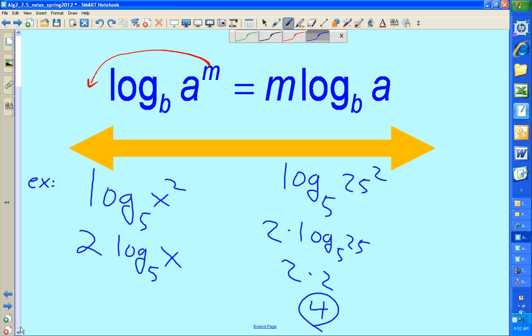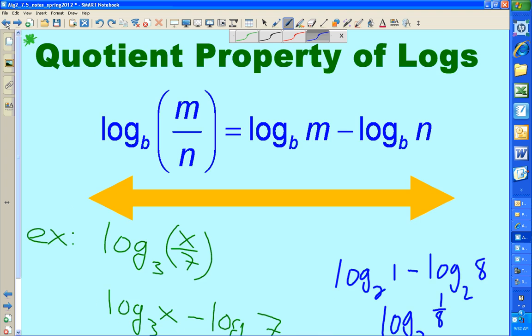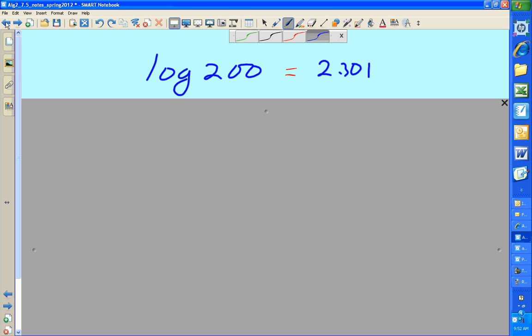Got to keep these things in order. Let me go back here for a second. If you could pull out your calculator, we can look at this properly. If you can do log of 200, I wouldn't expect anyone to have this memorized. But see if you're getting the 2.301 for log of 200. Everybody okay with that? Tell me another way I could rewrite the number 200. 100 times 2.